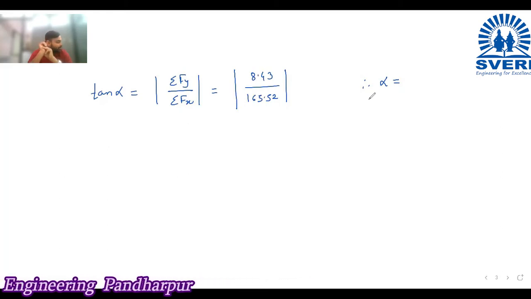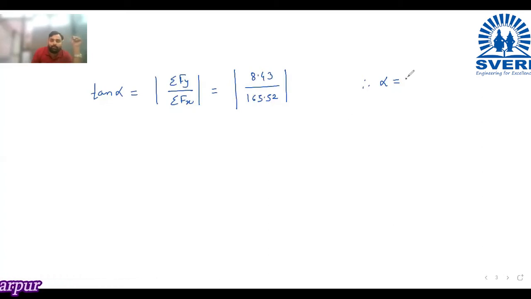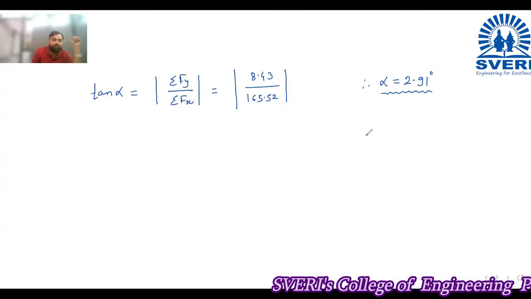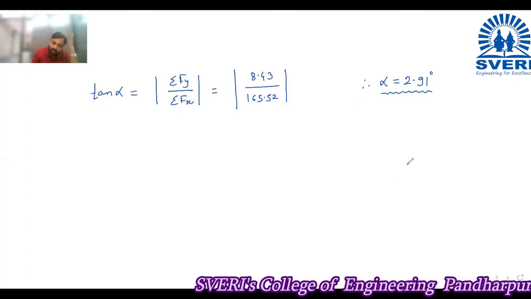It comes to 2.91 degrees. This is the value of alpha. So now we got the resultant and its direction.